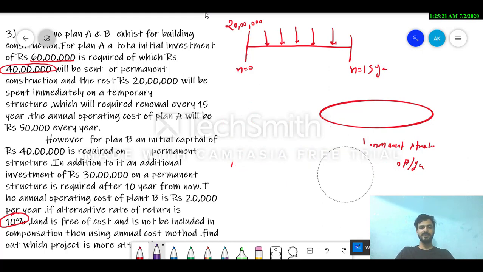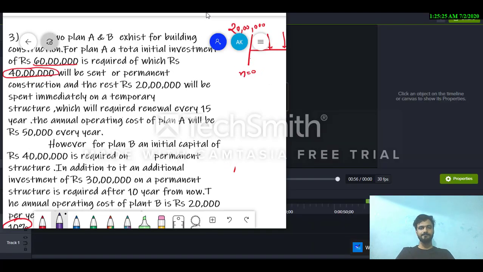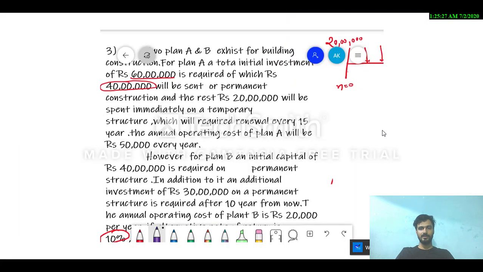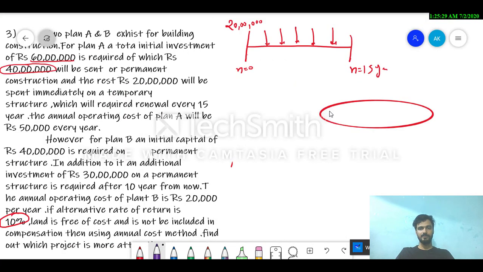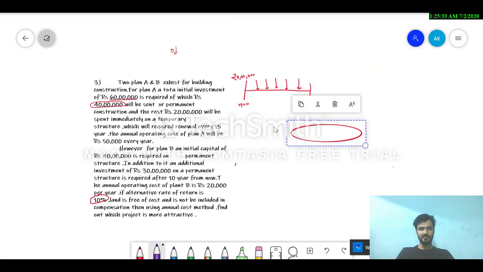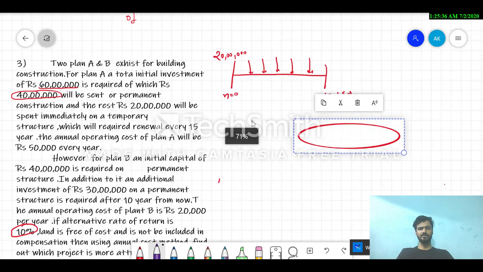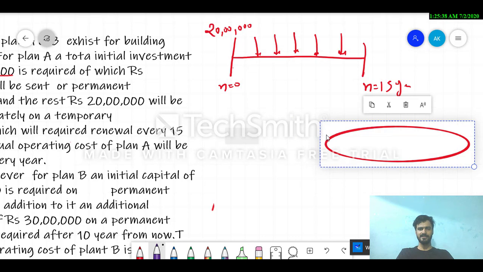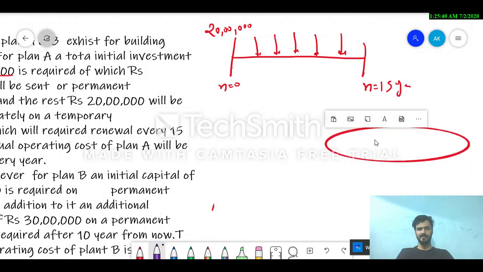That 20 lakhs rupees you have to convert into the annual cost. You don't have to do anything else. This is the basic thing that you have to understand.